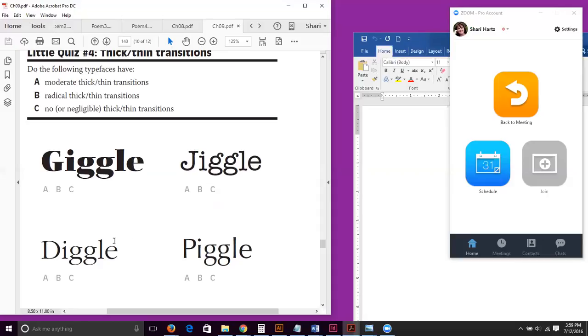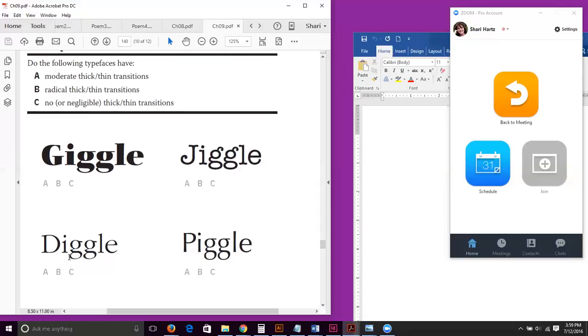How about this Dingle? Is there thick thin going on there? Yes, we got some going on here at the top and the bottom of the letters. So that'd be B. All right. Any thick thin? Yes.